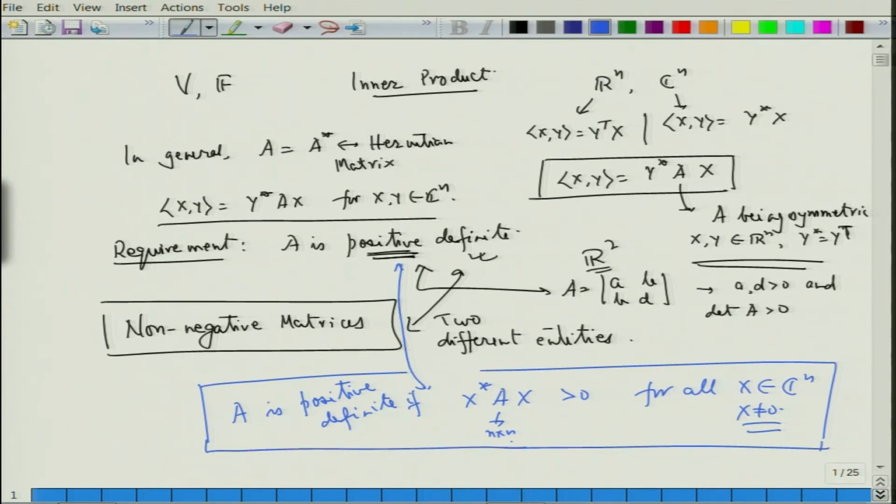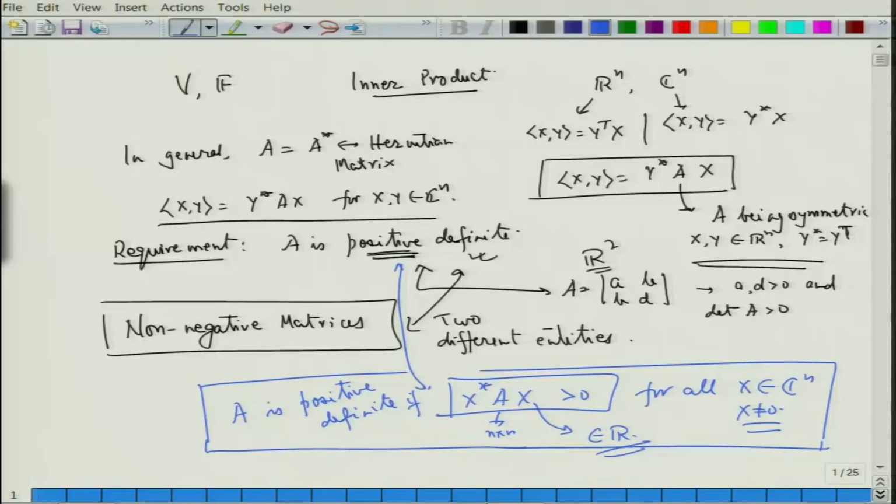In general, when I say something is positive, I am indirectly saying that this belongs to R. This is a real number, because among complex numbers you don't have 1 plus i as a positive or negative number. In complex numbers you cannot compare objects, but in real numbers you can compare.